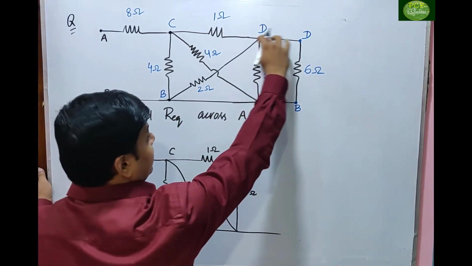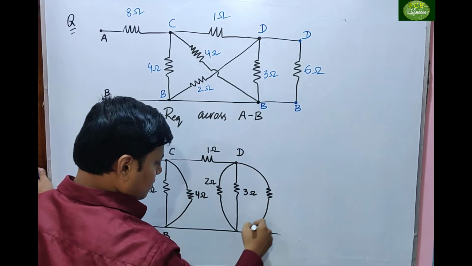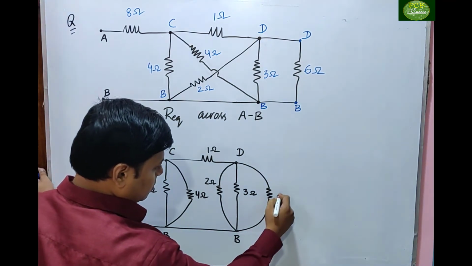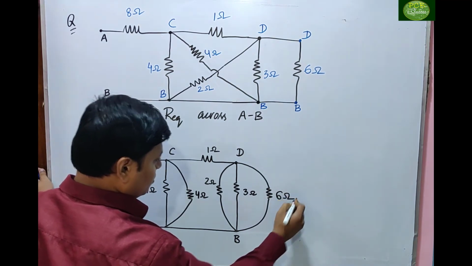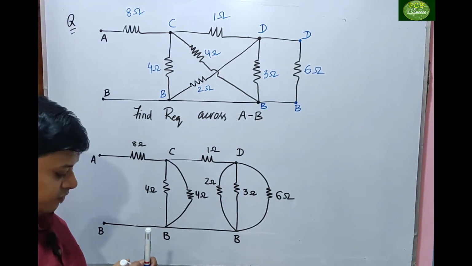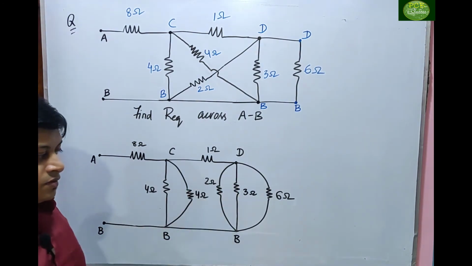Fine. Again D to B. Is it clear? We have got its proper diagram as per the notes.